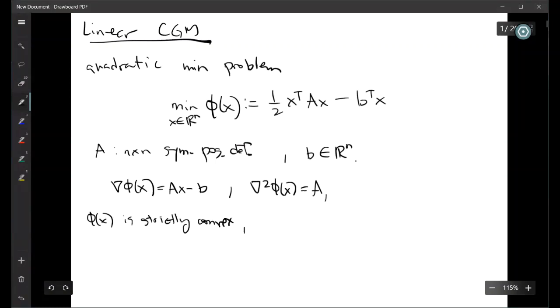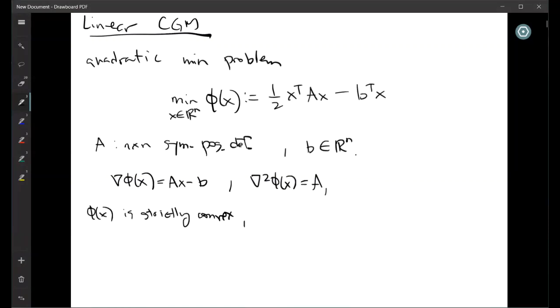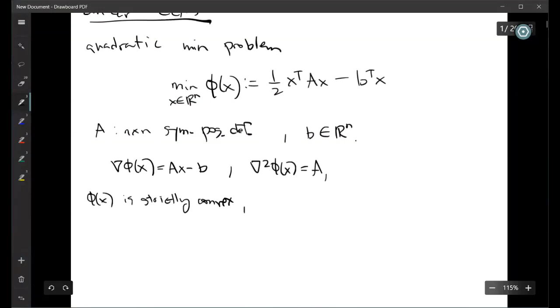So this means that this minimization problem, call it hashtag 1, has a unique minimizer.